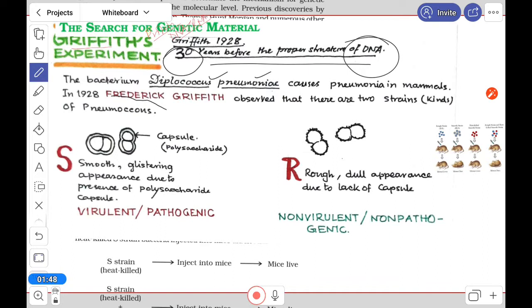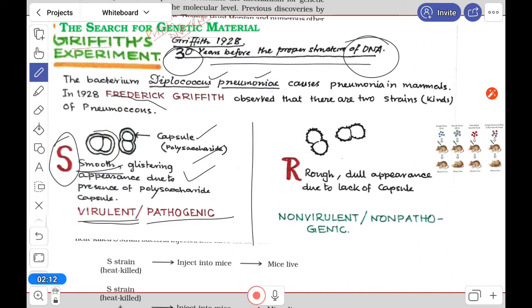One is the S strain. S stands for smooth. That means the outer surface is glistening and it is covered with a polysaccharide capsule. This is virulent. What is the meaning of virulent? Which can cause the disease, means pathogenic. If this type of bacteria is injected into the rat, then the rat will die.